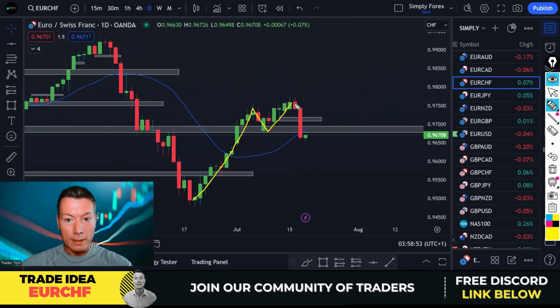Uptrend. But then yesterday, just bang, price dropped like a stone, breaking this low. That's the important part here. Broke that low. We are now getting lower lows. We're just below the moving average 20 as well. So we're looking for sells for that reason.